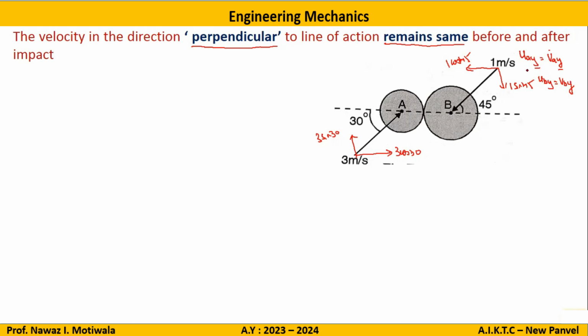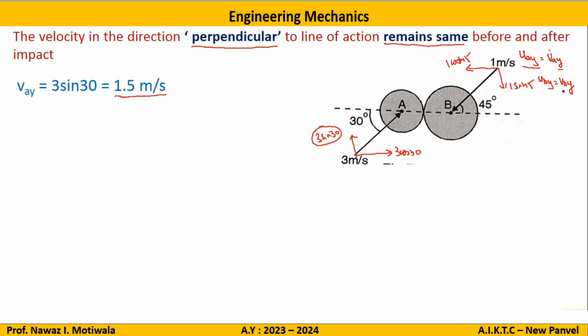Again with the same concept that velocity in the direction perpendicular to the line of action remains the same before and after impact. So with this I can write VAY is equal to UAY, which was given to us as 3 sin 30. On solving which I will get the answer as 1.5 meter per second.